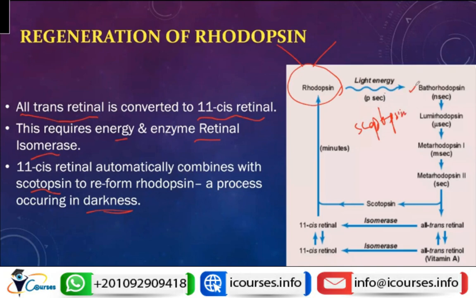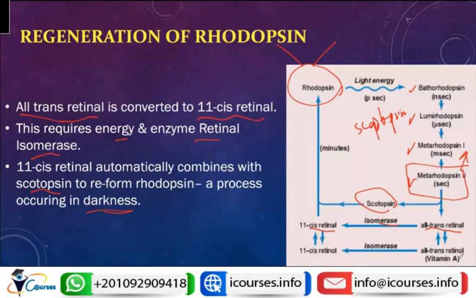It will form the bathrhodopsin, then the lumirhodopsin, then the metarhodopsin 1, then the metarhodopsin 2, which will be the activated rhodopsin. This will initiate the electrical impulse, and then it will form the all trans retinal. By the effect of isomerase, it will form the 11-cis-retinal. The 11-cis-retinal will bind with the scotopsin again and will form the rhodopsin. This process occurs in the dark.